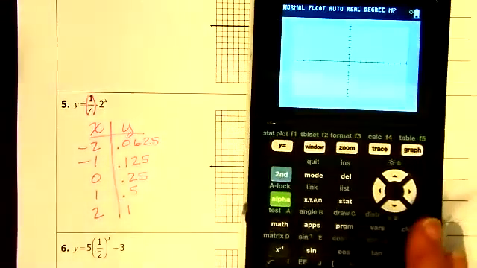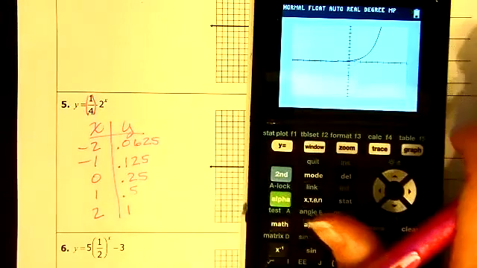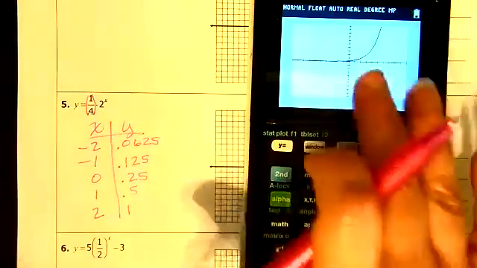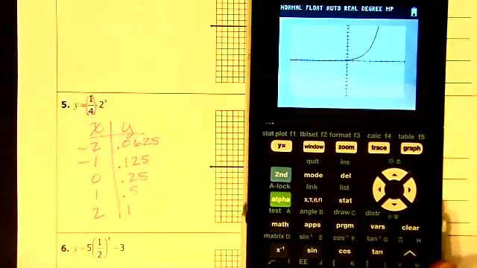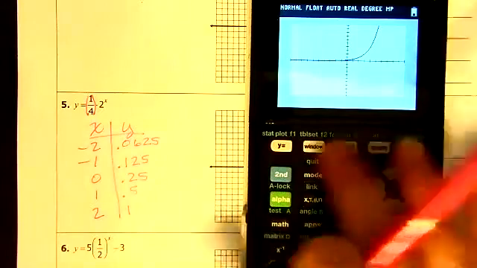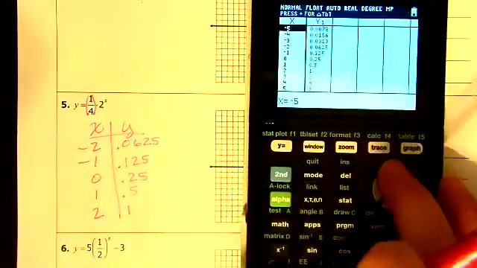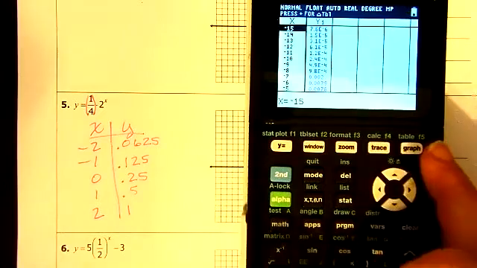So we graph it. You'll notice it's a little bit further away from the y-axis when we're looking at this. Okay, but when we look at it, it keeps getting closer, and you can see this better if you look at the table. If we scroll up, you'll see that it never really equals 0.